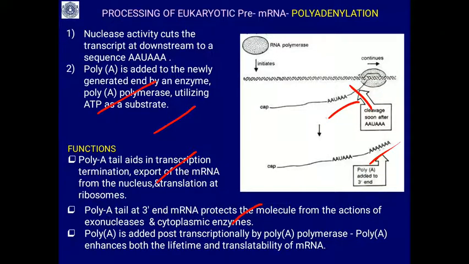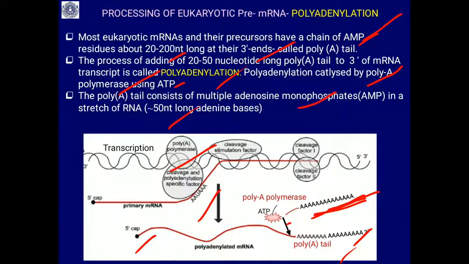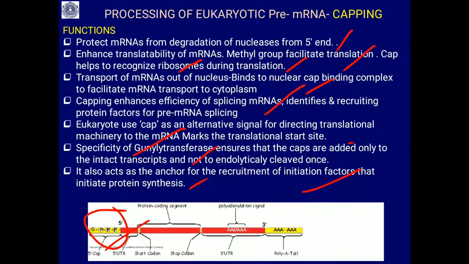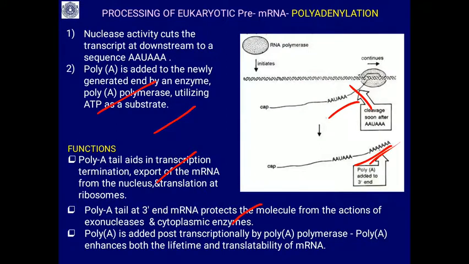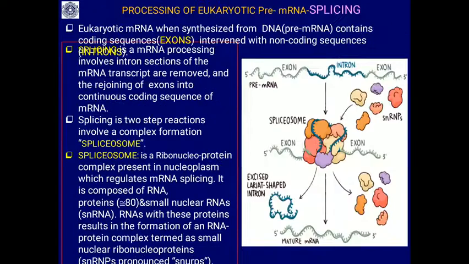Even if it gets cleaved a little, it is a long tail, so it does not affect the coding sequence. Poly-A is added post-transcriptionally by poly-A polymerase. It enhances the half-life of the mRNA, and it also gets translated easily. These are the advantages of polyadenylation.